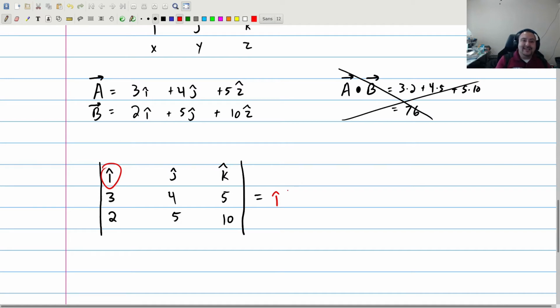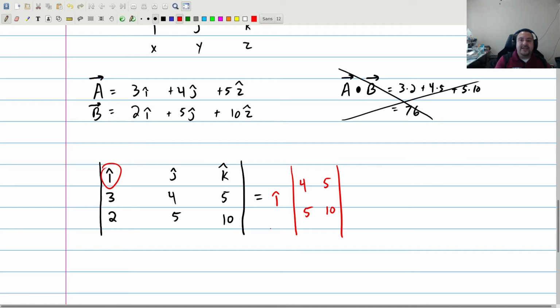And we're going to eliminate everything in the same row and same column. So you can see here that what we've got is this 4, 5, 5, 10 matrix that's left. So I'm going to write that minor down here as the determinant of 4, 5, 5, 10.